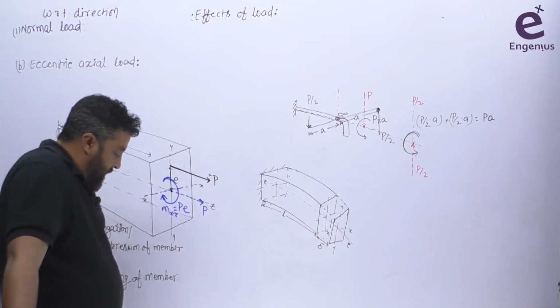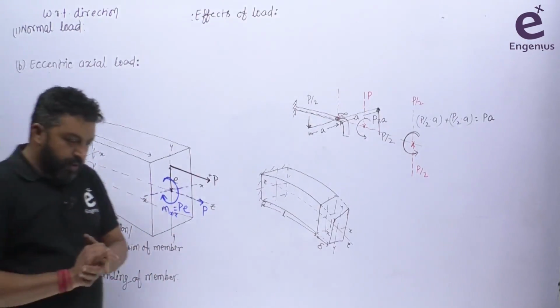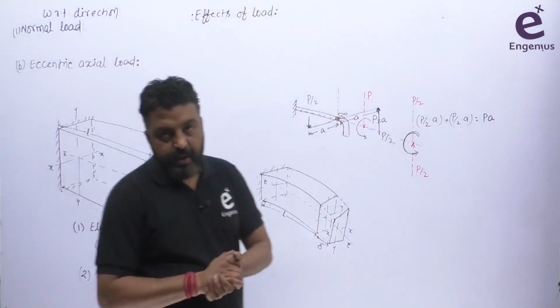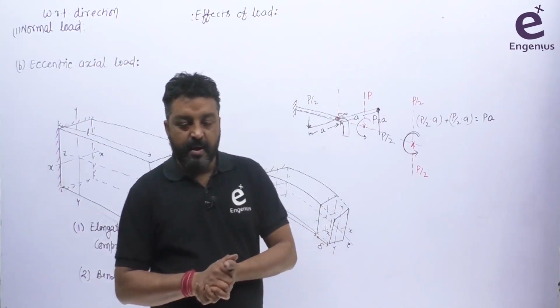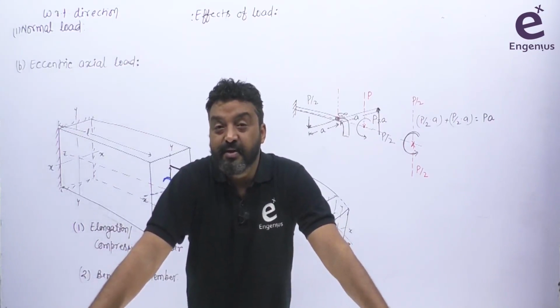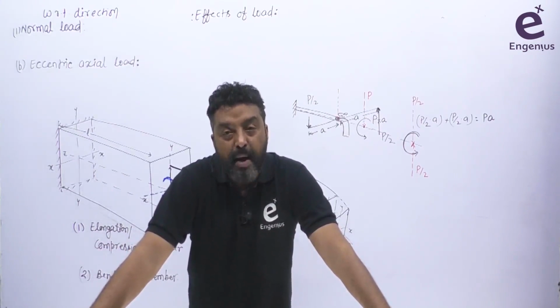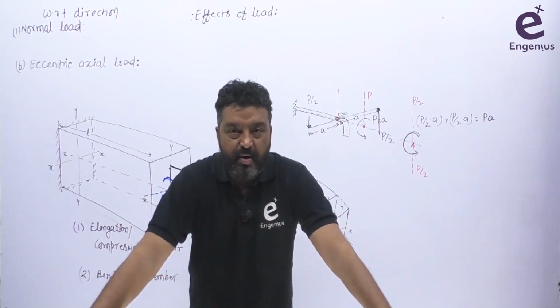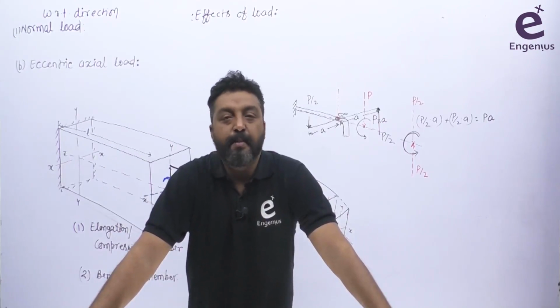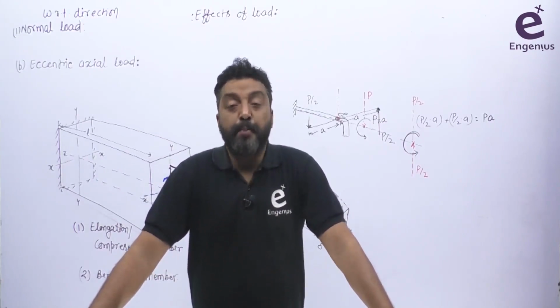Now, because it is bending and also elongating, we all know that due to the elongation or compression, the stresses are axial stresses. But I think we also know one thing about the bending stresses. Bending stresses are due to the bending of the member. When the member bends, the bending stresses are going to be produced in that system.